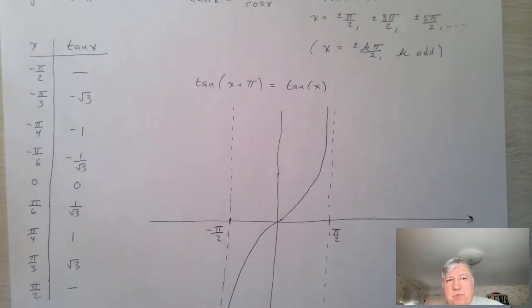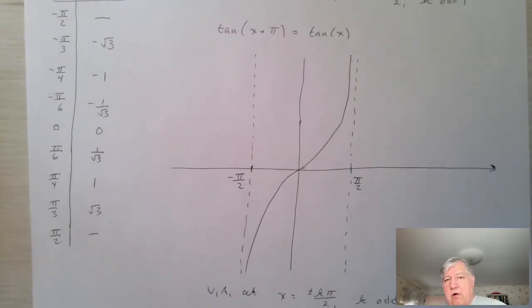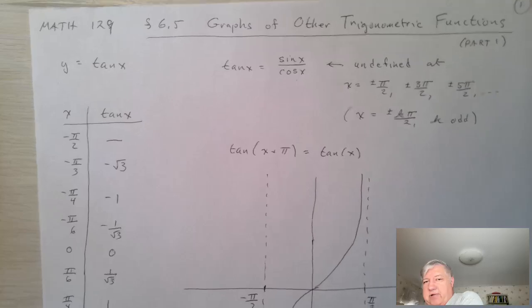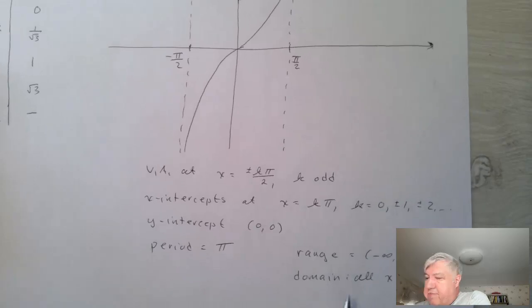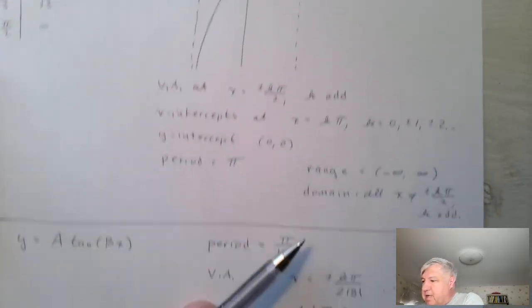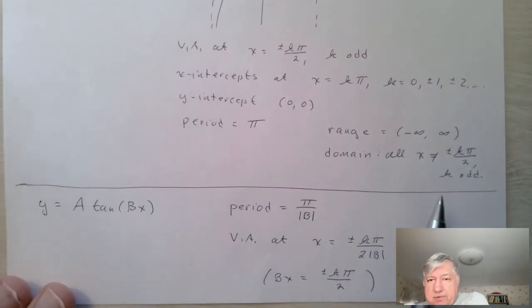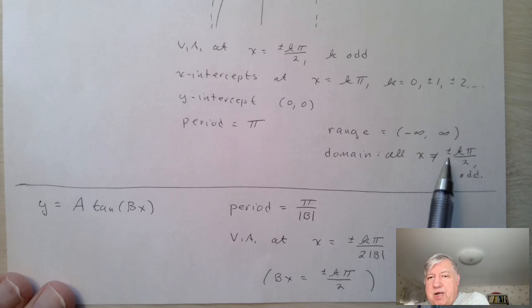This also tells us the domain of the tangent function will be all numbers not equal to these troublesome points, not equal to plus or minus k times pi over 2 when k is odd.